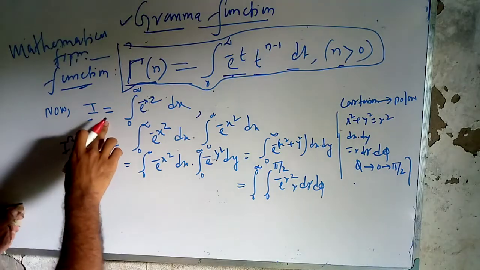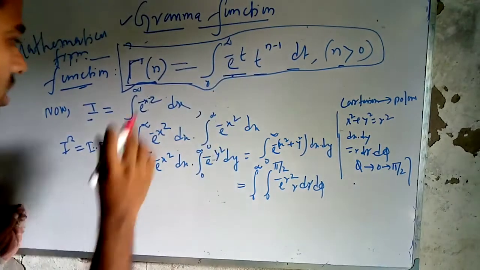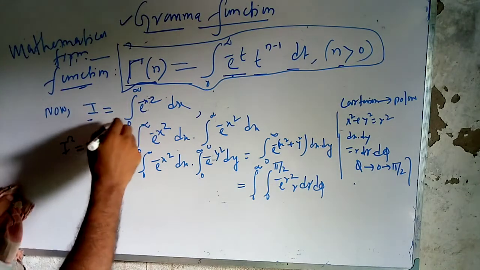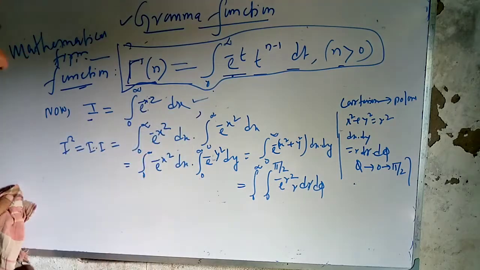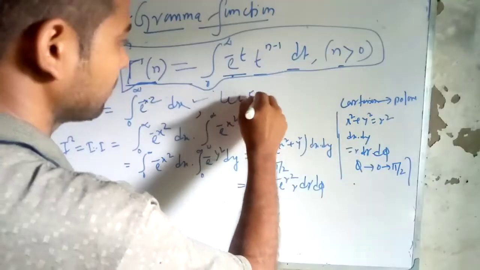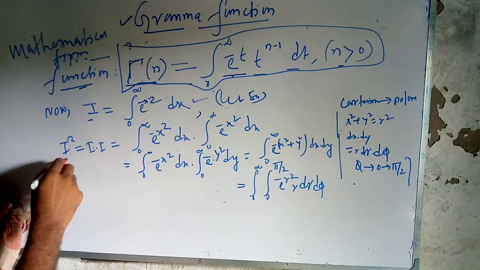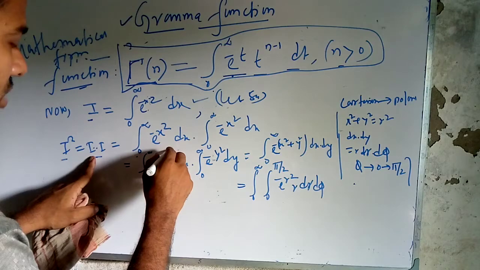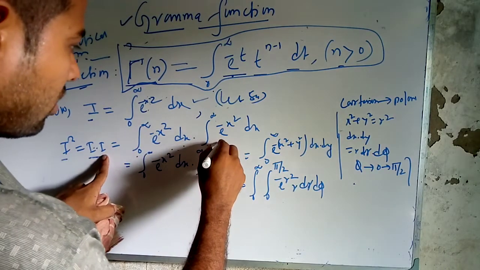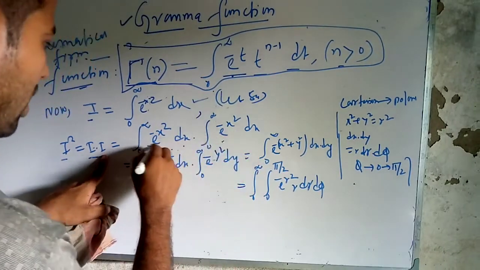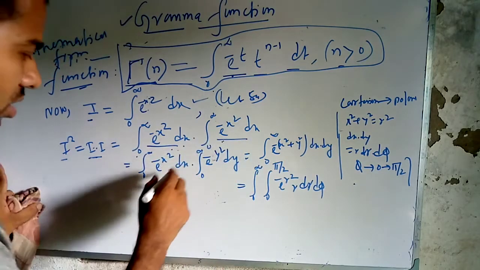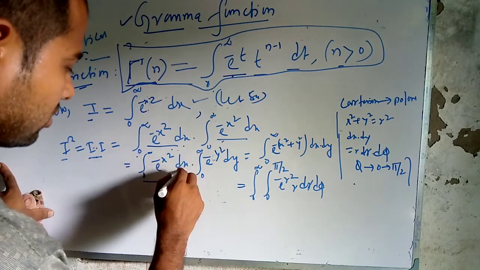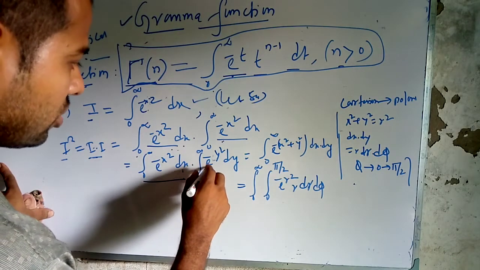It is needed to solve the gamma function, and hence it is solved first. Let I be this integral, and I square means I into I. This is the integral from 0 to infinity of e to the minus x square dx multiplied by the integral from 0 to infinity of e to the minus y square dy.